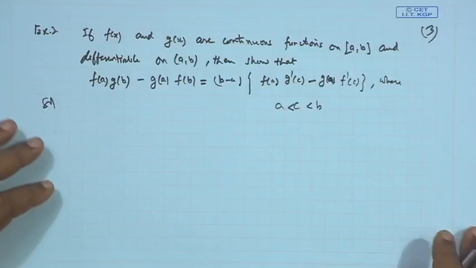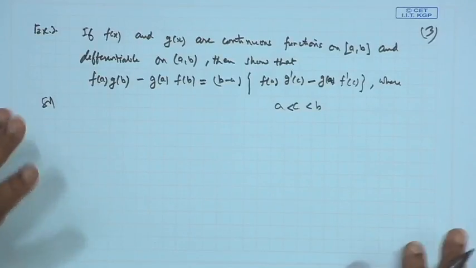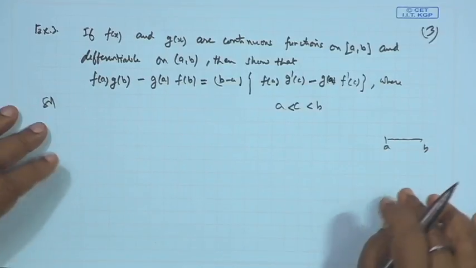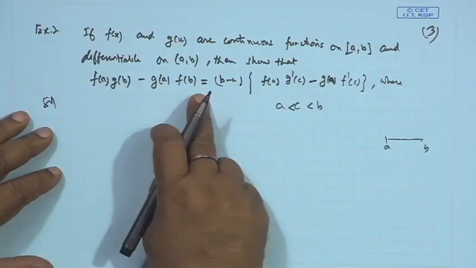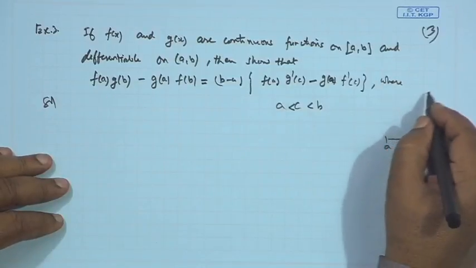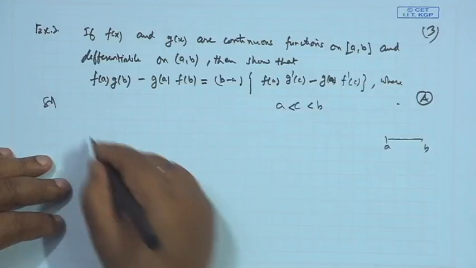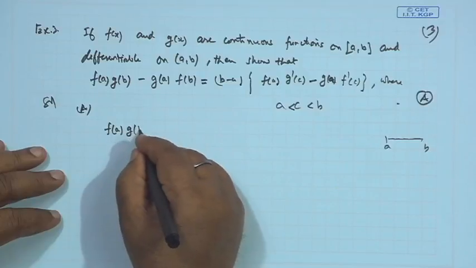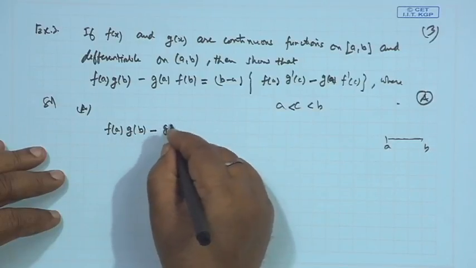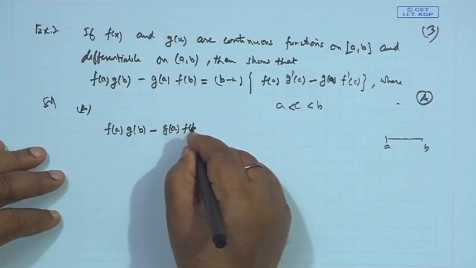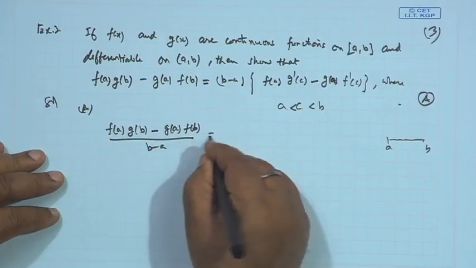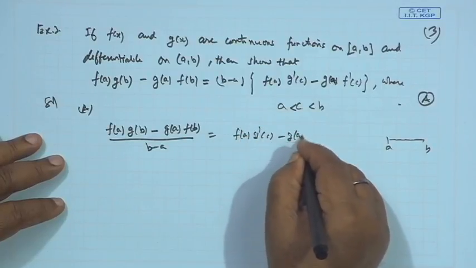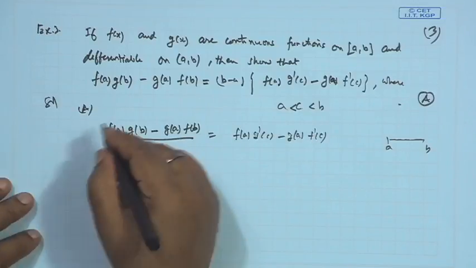Solution. Now, functions f and g are continuous on the closed interval a b. They are also differentiable. Then we have to prove this thing. If we look at expression A, it can be rewritten as f of a g of b minus g of a f of b over b minus a. This is what is required to prove.